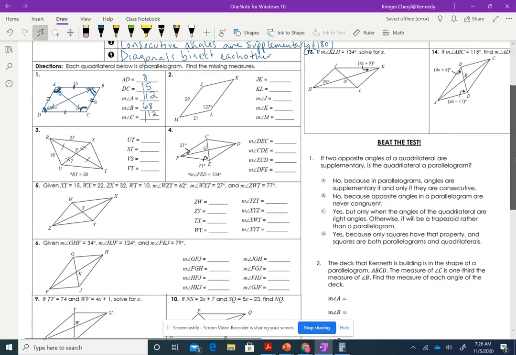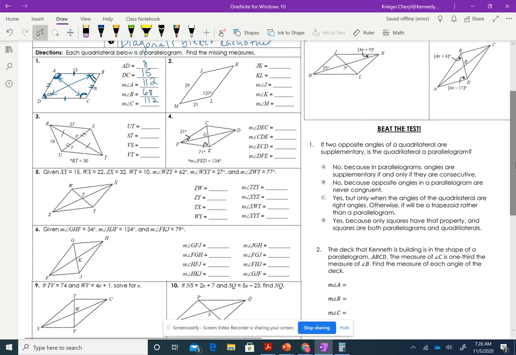Okay, so let's try number 3. This is using the fourth property of parallelograms, that diagonals bisect each other. I know that RT is 30. So if it's cutting it in half, RV and VT are both 15. I'll go ahead and draw that in. Let's see what we can do with this.